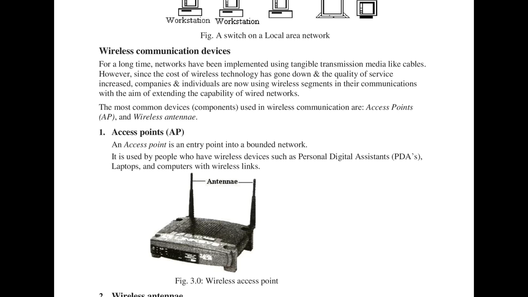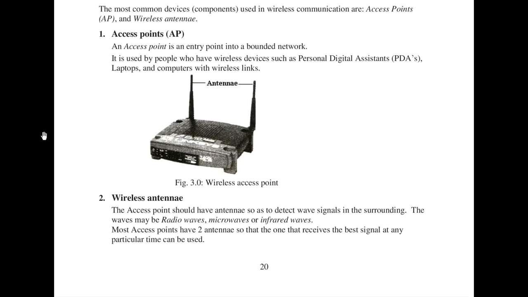You can look at it. It has some antennae. So an access point is an entry point into a bound or cabled network. We also have the wireless antennae. These are the antennae. They take signals from the transmitter.